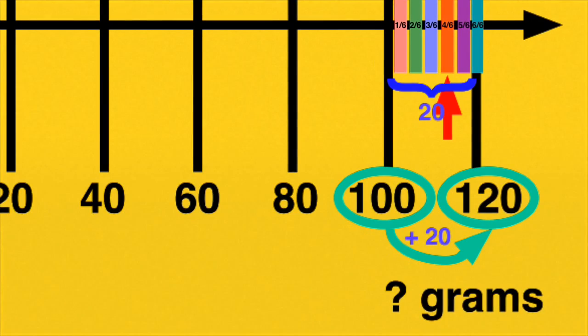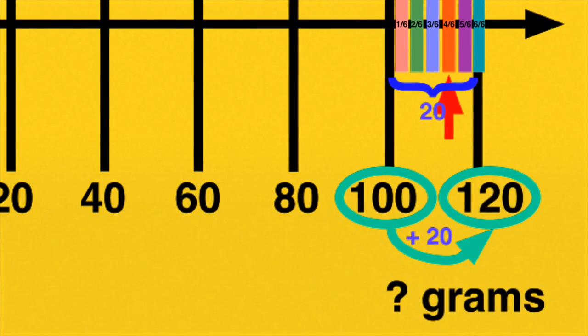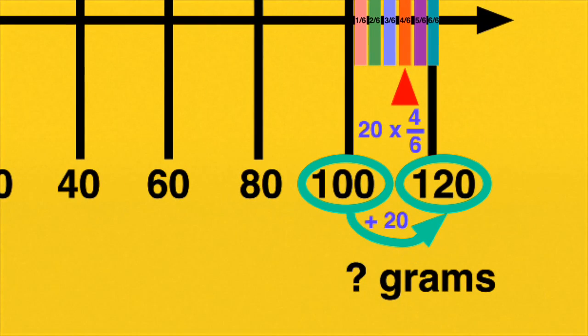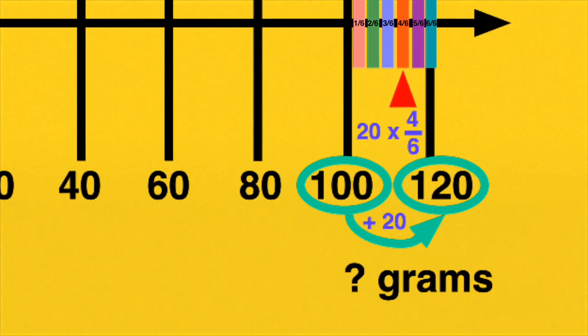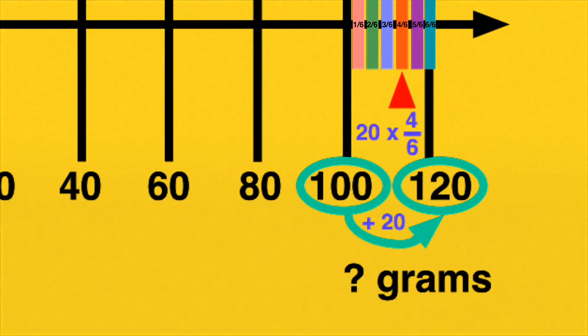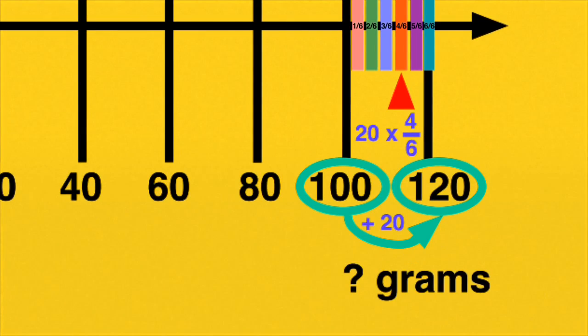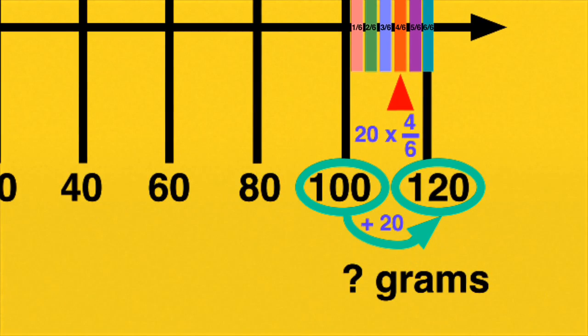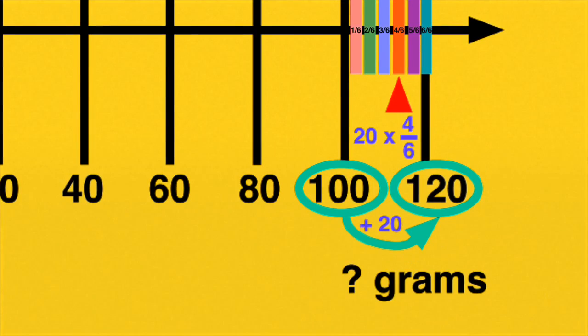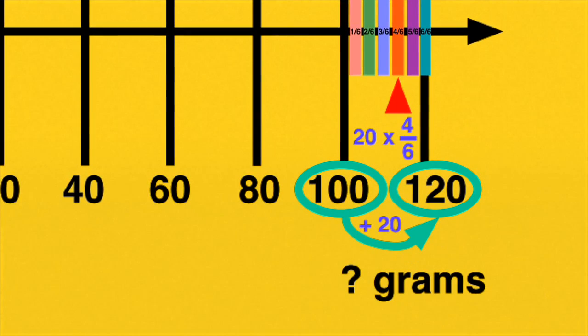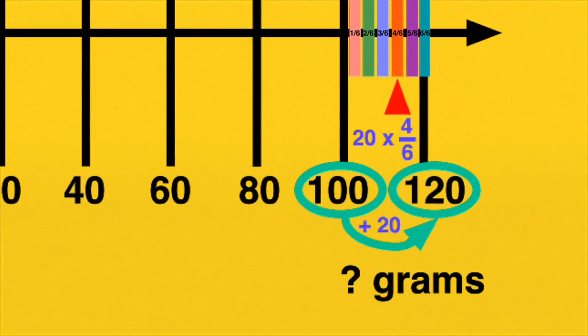I can mark the rest of them 1/6, 2/6, and so on. That is helpful because if I know that that gap in grams is 20 grams, and if I also know that 4/6 is how far I want to go, then I need to find out what 4/6 of 20 is. And that will tell me how many grams I moved from 100 to that 4/6 mark.